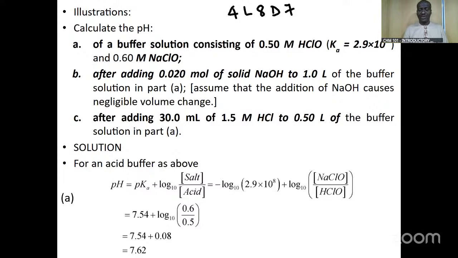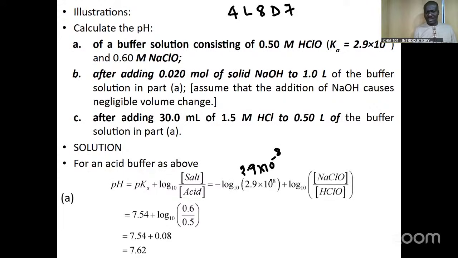Substituting for these values in the Henderson-Hasselbalch equation, we have that the pH will be equal to minus log to base 10 of Ka, because that's what pKa stands for, minus log to base 10 of 2.9 times 10 to the power of minus 8, please, not plus 8.